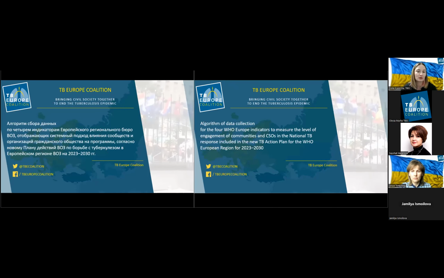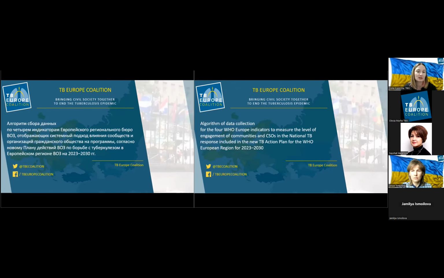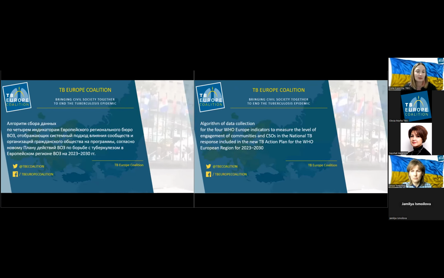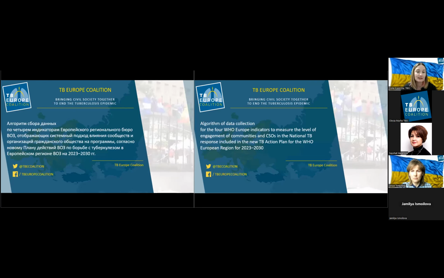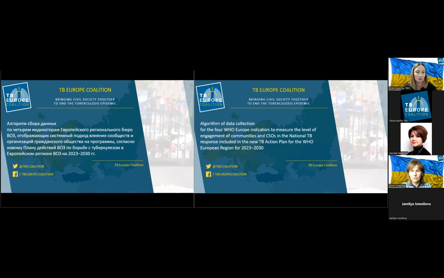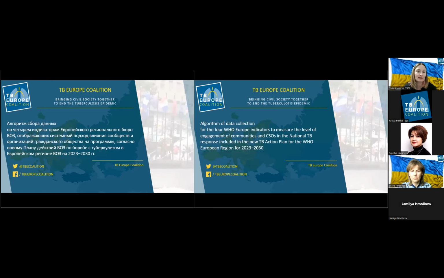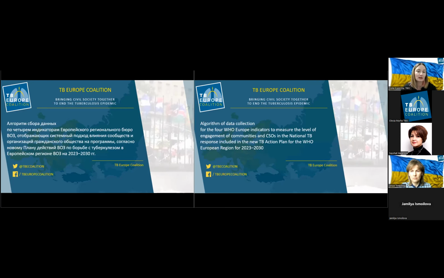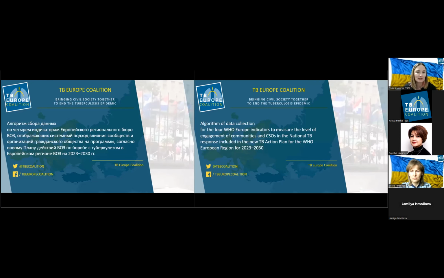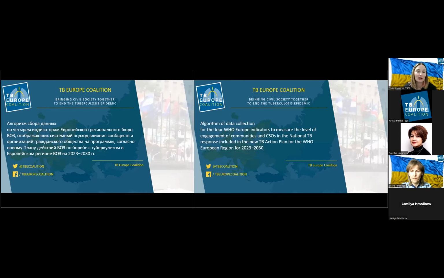And thus, the European WHO office developed the action plan to respond to TB in the European region for 2020-2023 until 2030, and that also includes the monitoring plan to assess the progress, and 4 new indicators were suggested to measure the engagement and the impact of communities and CSOs on the TB response processes, and also to enhance CSOs and communities in implementation of activities based on the communities.